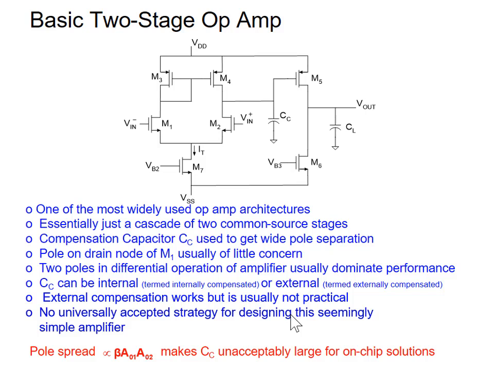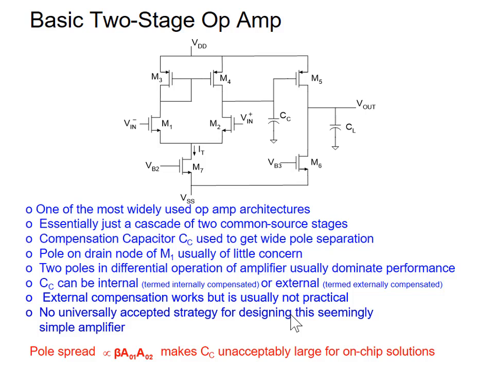Oh, we got a problem. The pole spread that we have to have, beta A1 A2, we get high gain on the first stage and high gain on the second stage. Beta A1 A2 makes C sub C unacceptably large for on-chip solutions. If you go back in time to the late 60s up through the early 70s, the way this problem was solved was they put a pin on the package and said, you must attach a capacitor on this pin.